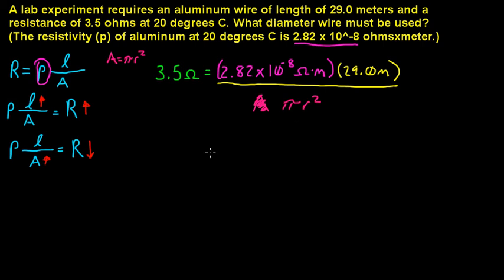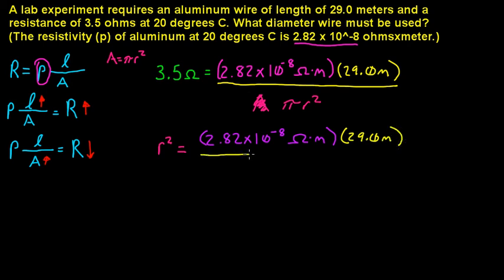So now we need to rewrite this problem. So we say r squared is going to equal 2.82 times 10 to the negative 8th ohm meters times 29 meters over pi times 3.5 ohms.